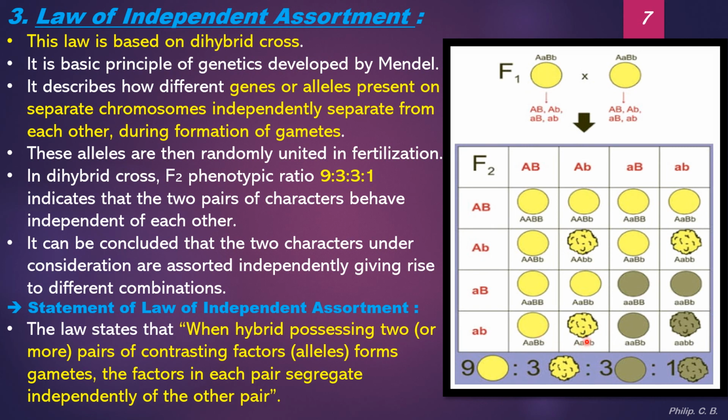Alternatively 3, which is yellow but wrinkled. Then 3 over here, that is green round, and 1 pure green wrinkled. So 9:3:3:1. The statement of the law of independent assortment states that when a hybrid possessing two or more pairs of contrasting factors or alleles forms gametes, the factors in each pair segregate independently of the other pair.